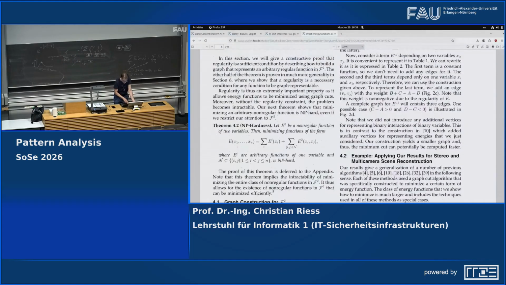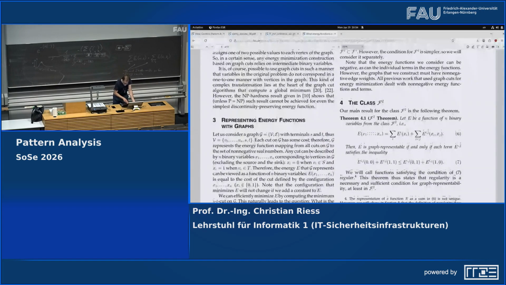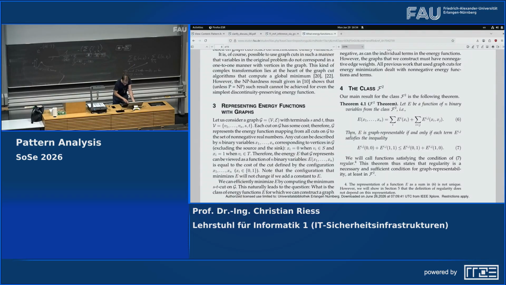Where is it? Here. Graph representable. Okay. E is graph representable if and only if each pairwise energy term satisfies the inequality that the sum of costs of identical labels is lower than the sum of costs of different labels.